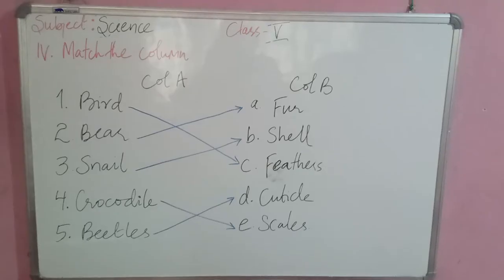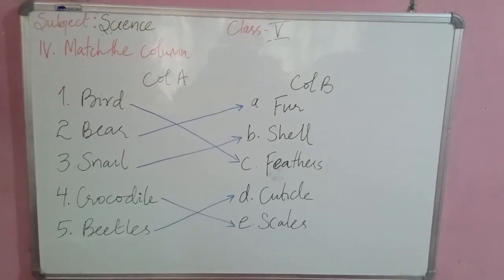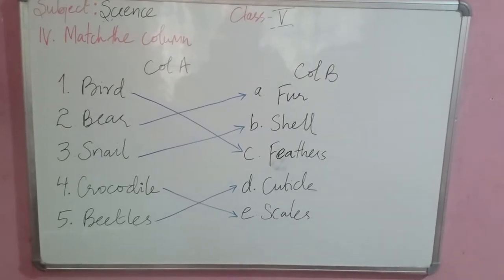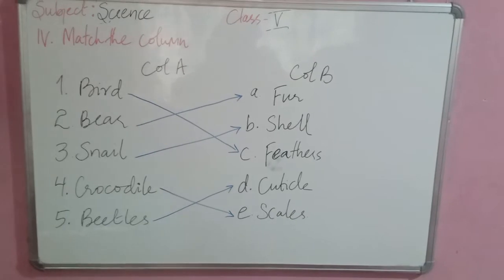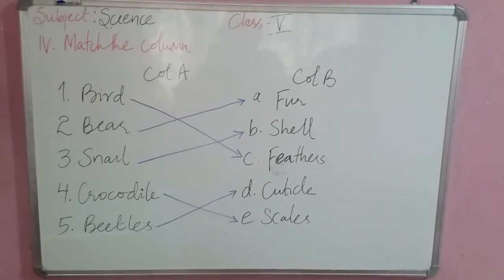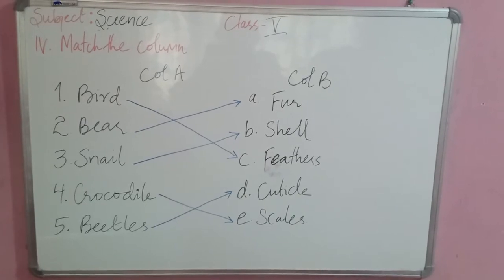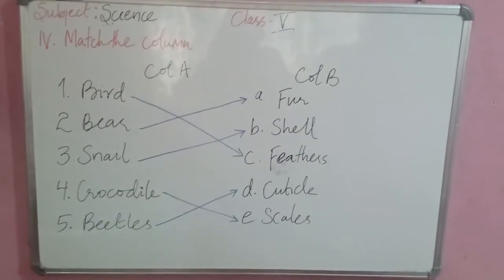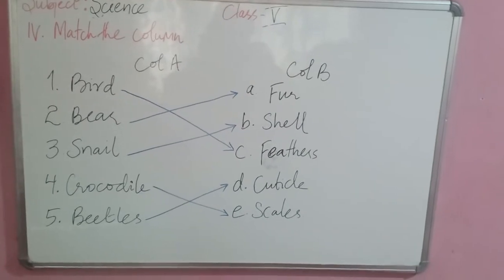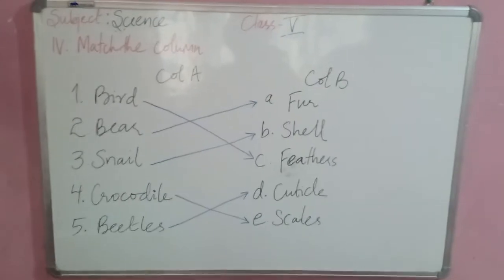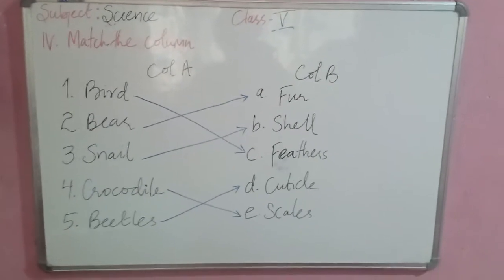Moving on. So the next question we have is match the column. In column A we have bird, bear, snail, crocodile, and beetles. And in column B we have fur, shell, feathers, and cuticles, scales. So bird is matched with column B, option C, feathers.